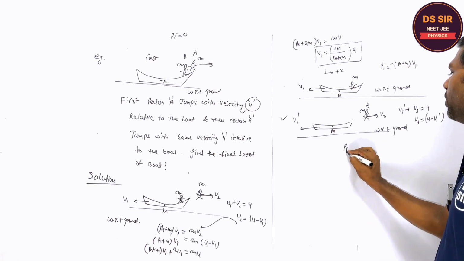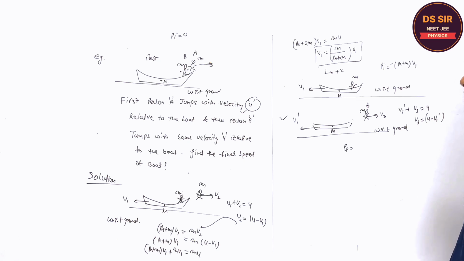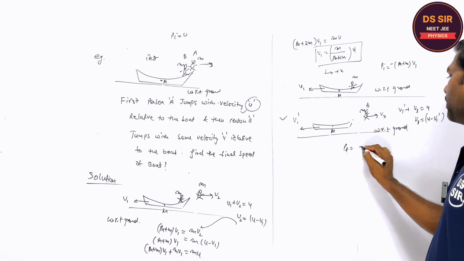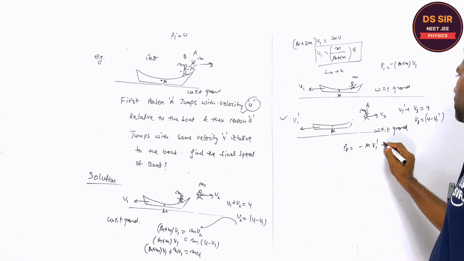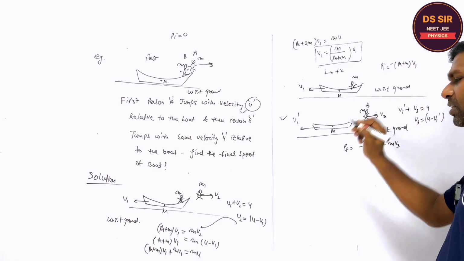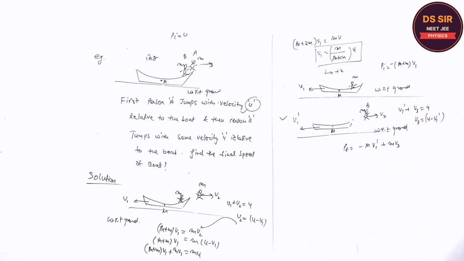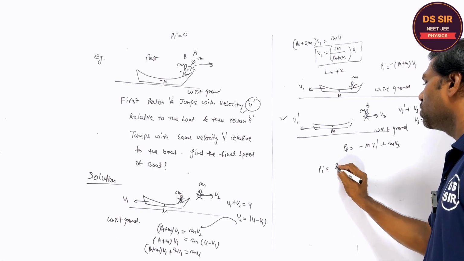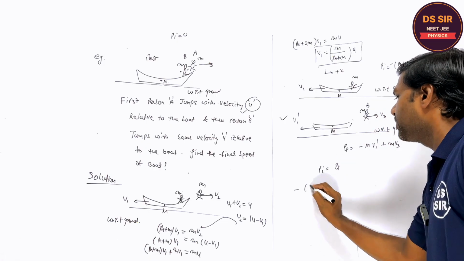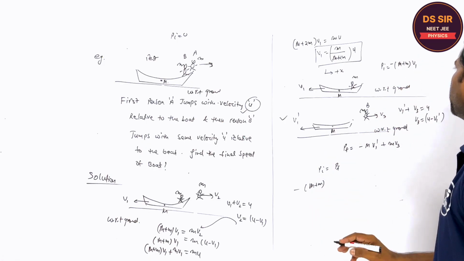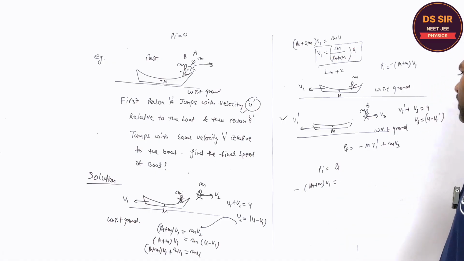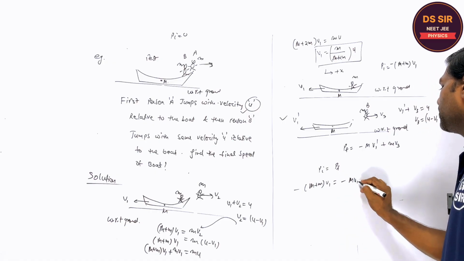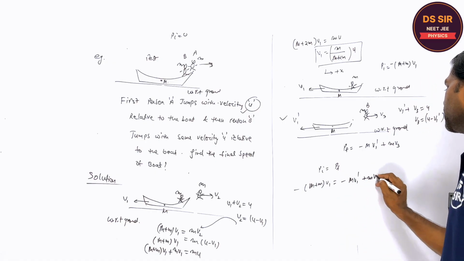What is the final momentum after jump? Minus M v1 dash plus m v3. Now, conservation of linear momentum: Pi is equal to Pf. The initial momentum is (M plus m) into v1. Final momentum is minus M v1 dash plus m v3.